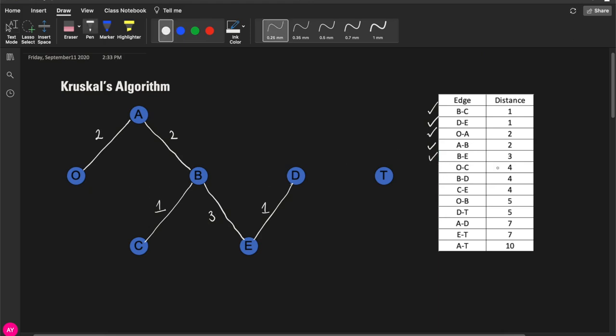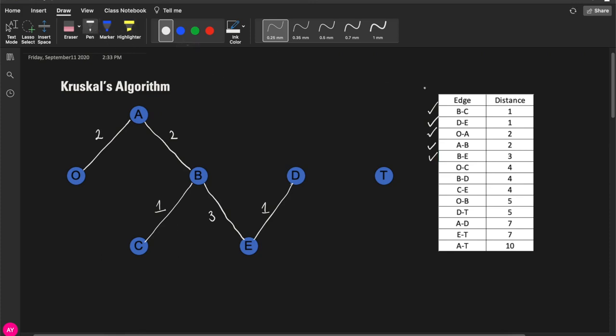OC is a 4. But adding OC, look, adding OC will cause a cycle. And therefore, we don't add OC. Even if it's cheap, no? Because at a distance of 4, it's the next cheapest right now.